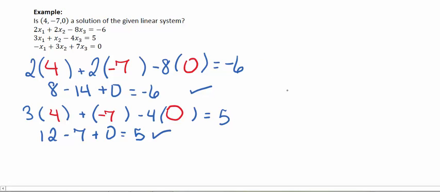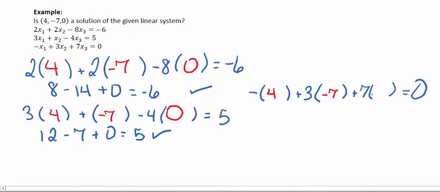So now we just need to check the third equation. -x1 plus 3x2 plus 7x3 equal to 0. So sticking in 4 for x1, -7 for x2, and 0 for x3.